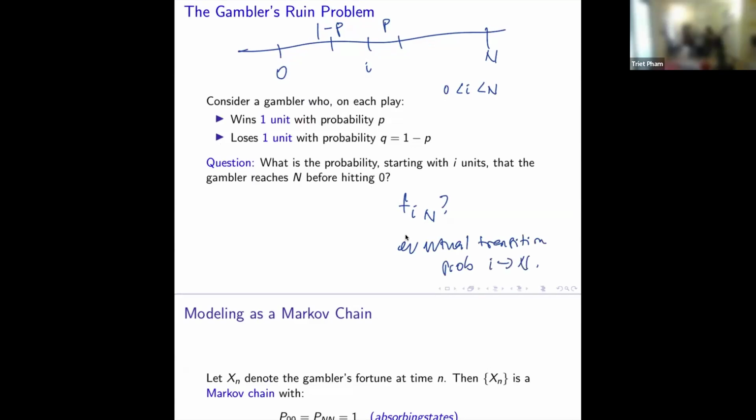So it's like f_i, but now it's f_in, the probability of ever going to n starting from i. That topic we'll explore deeply in the lecture after the next.